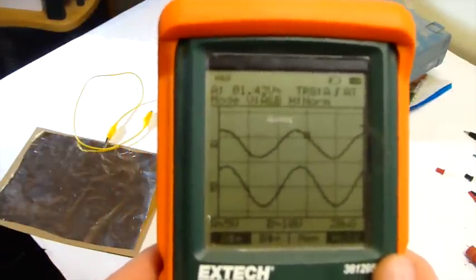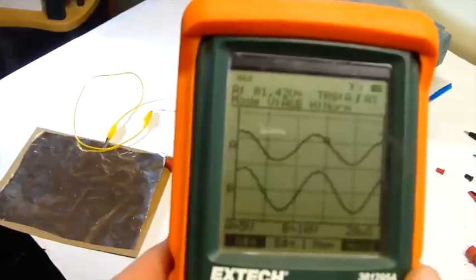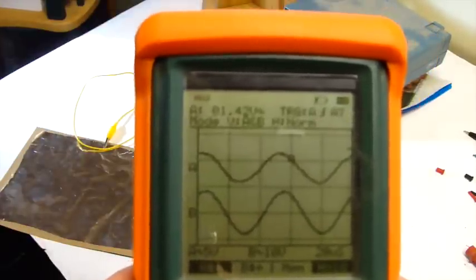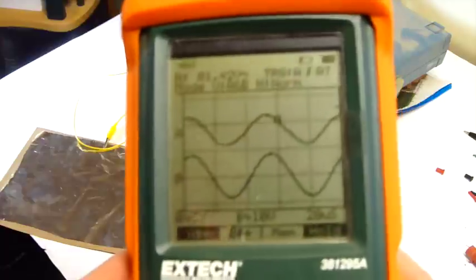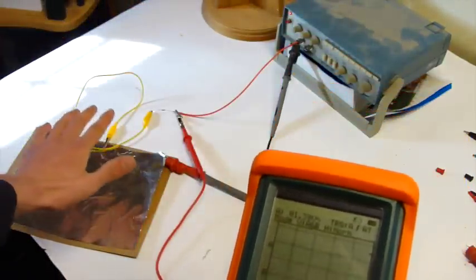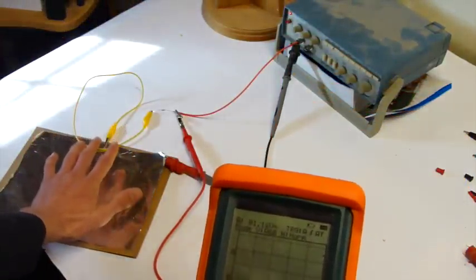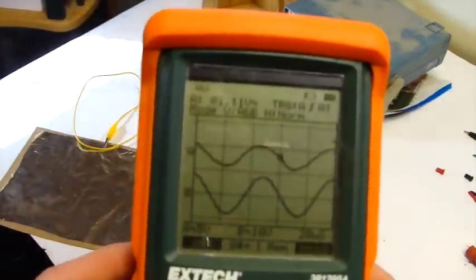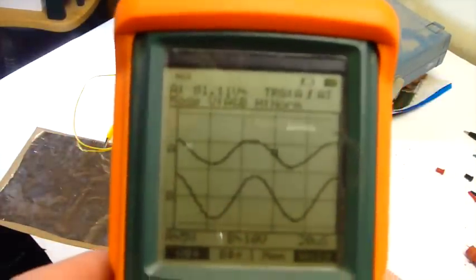As you can see, when my hand is far away from the antenna, we are getting 1.42 volts. If I were to move my hand closer to the antenna, as if I was about to touch it, we get 1.11 volts.